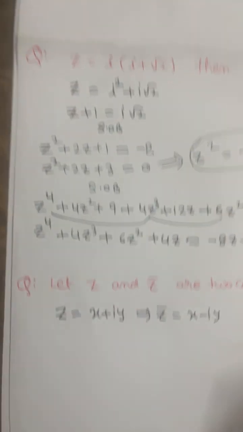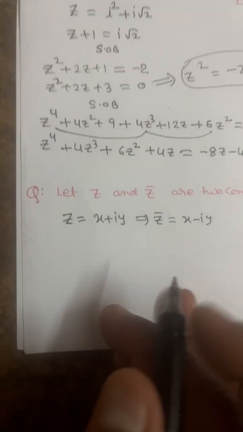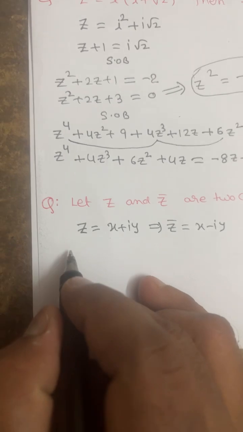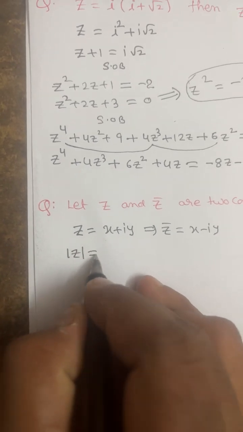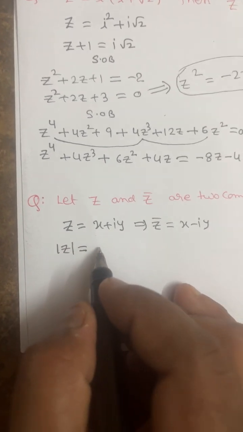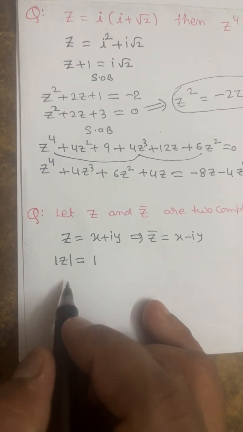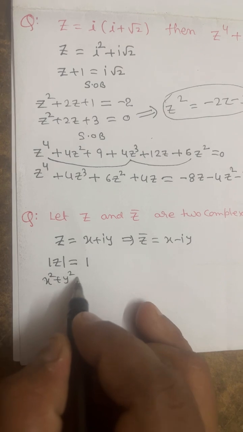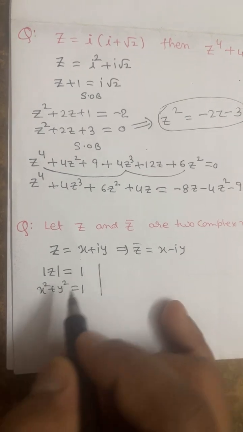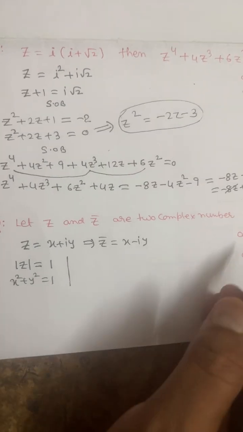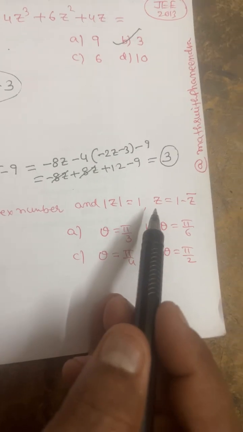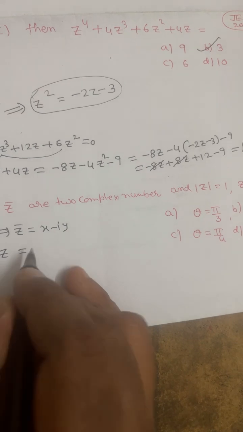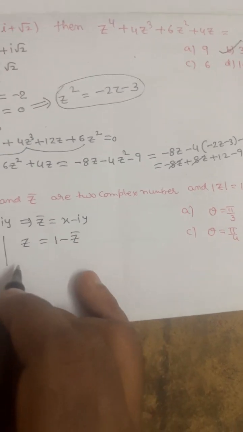After that, mod z bar, that means modulus of a complex number, is equal to 1, it is given. So modulus of a complex number means x square plus y square is equal to 1 only, no? So keep it like this. And one more condition it is given, z is equal to 1 minus z bar. Z means what?